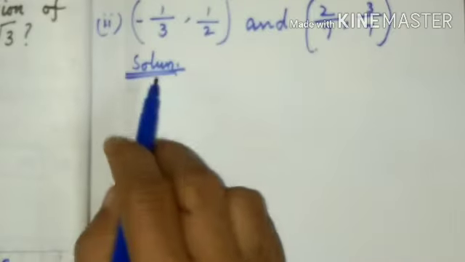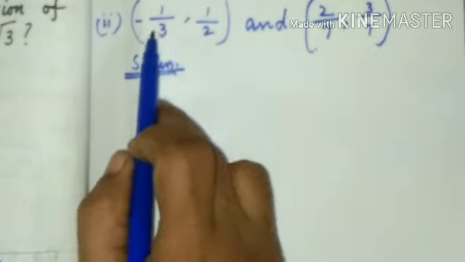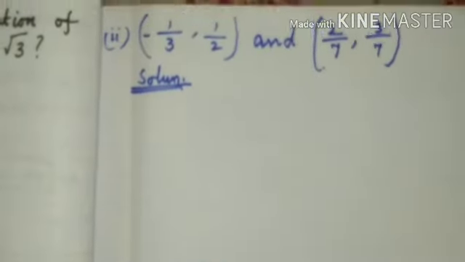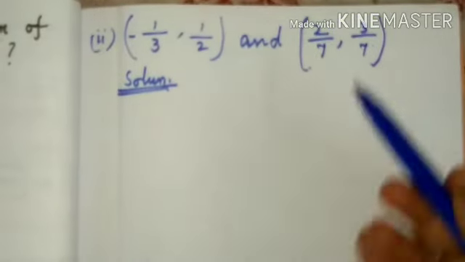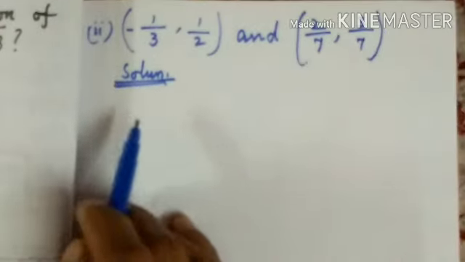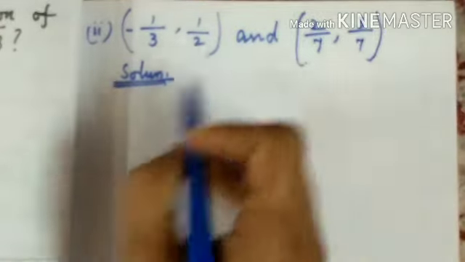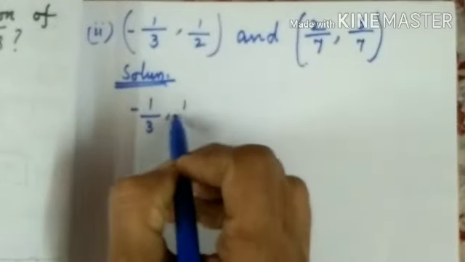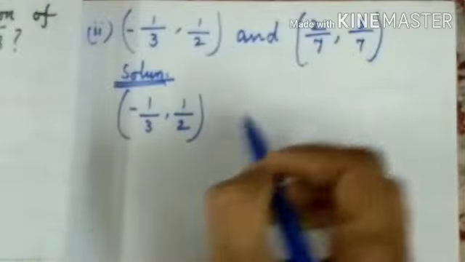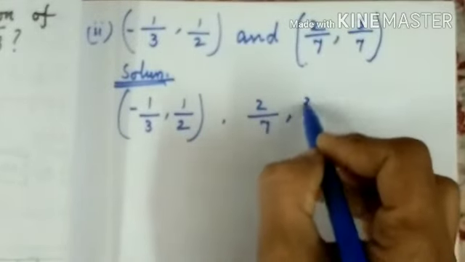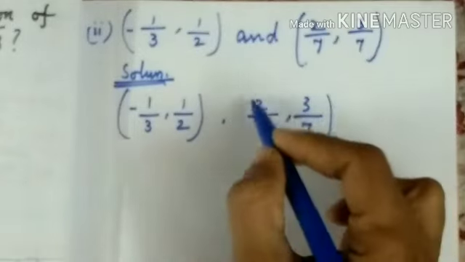Now see the second subdivision. Given points minus 1 by 3, 1 by 2 and 2 by 7, 3 by 7. Let us do the solution. First you take down and write the given points minus 1 by 3, 1 by 2 and 2 by 7, 3 by 7.